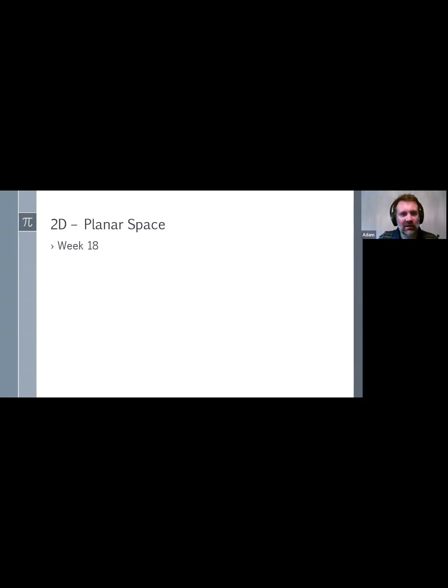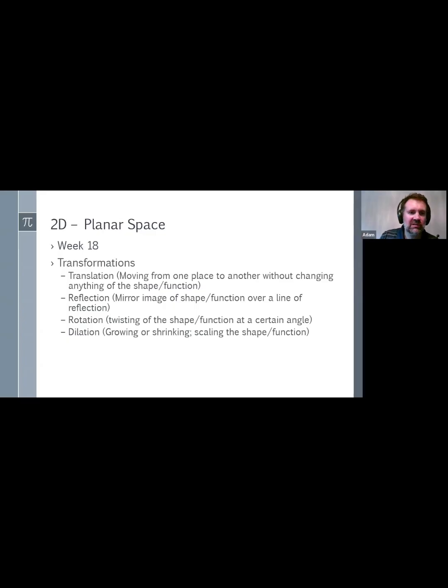And then finally, we'll get into week 18, which is going to be about transformations. There are various kinds of transformations, and the four that you really learn here are translation, which is basically taking your figure or your function and shifting it without doing anything else, either up, down, or over, on an angle, whatever it is.